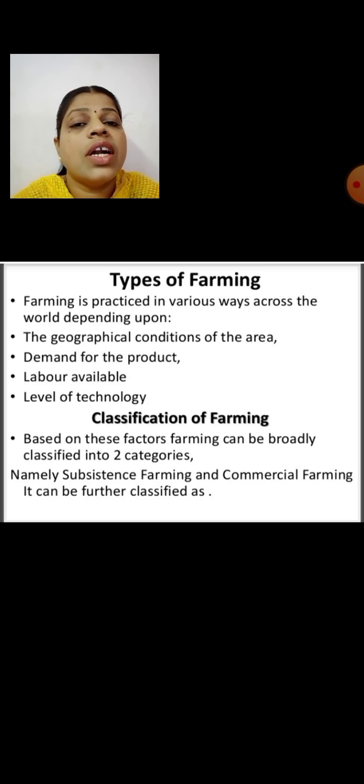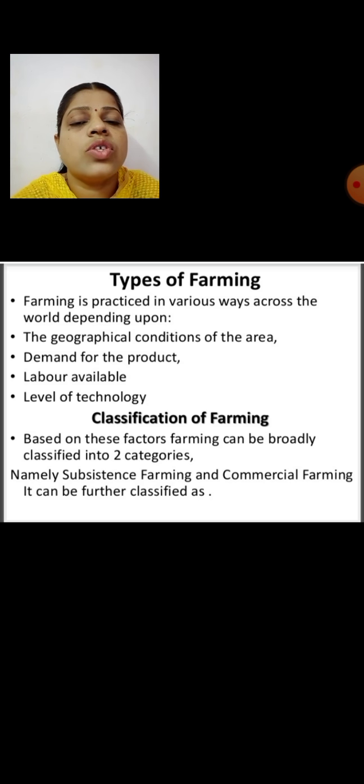So the climatic conditions should be favorable, as well as enough demand for our products, and an abundant labor supply should be there in that area. And the last one is which type of technology, whether it is labor intensive technology or capital intensive technology, is more favorable for that area.